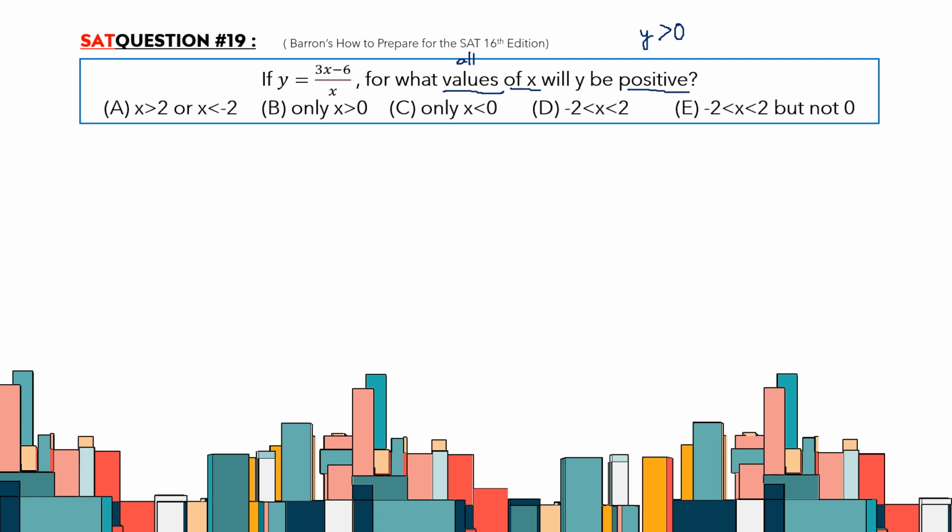We will have fractions or divisions. If I have a over b, a over b is positive, meaning greater than 0, when a and b have the same sign.